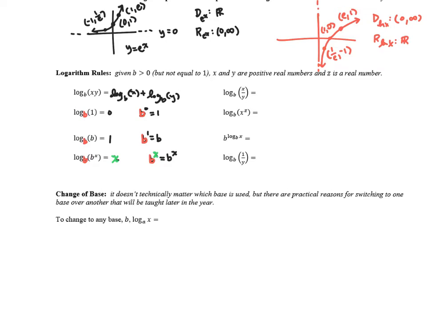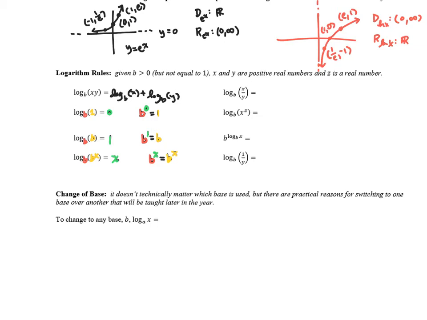A logarithm, in essence, is just an exponent, and it ends up equaling what's called, in some cases, the argument. That's how you take a logarithm and put it into exponential form.